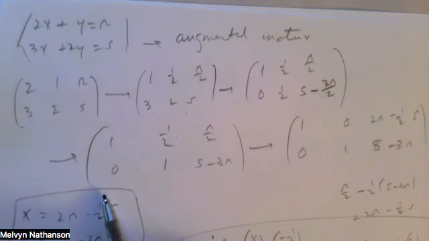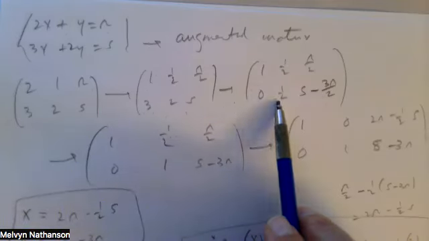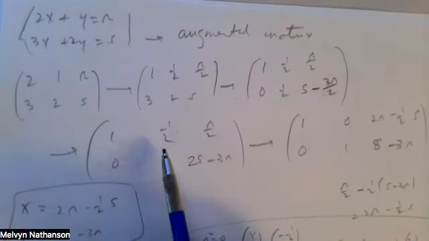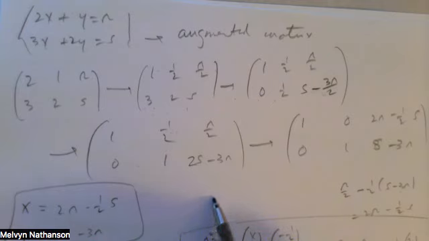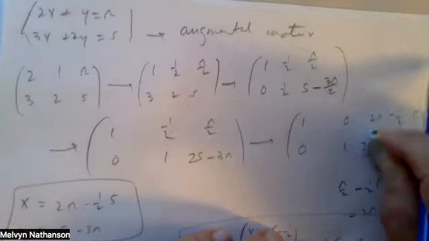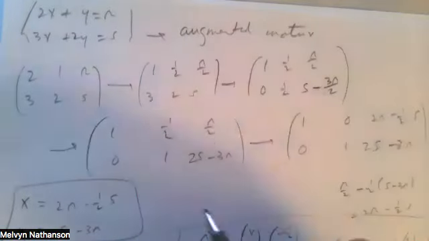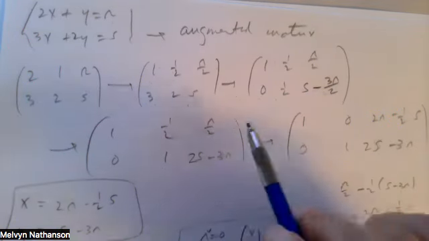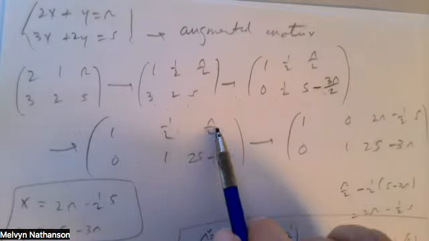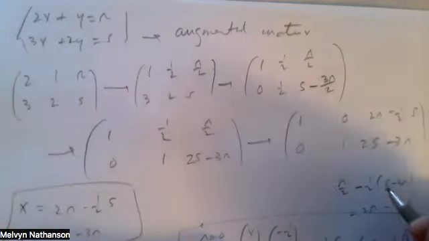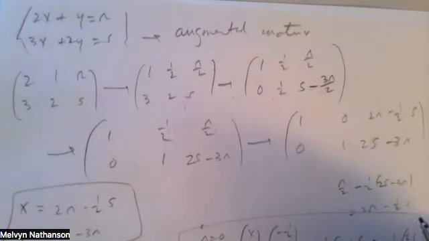Then I take the second row and I multiply it by 2. So I get 0, 1, 2s minus 3r. And the first row is 1, 1/2, r over 2. I take the first row minus a half times the second row. So that's r over 2 minus a half of 2s minus 3r.